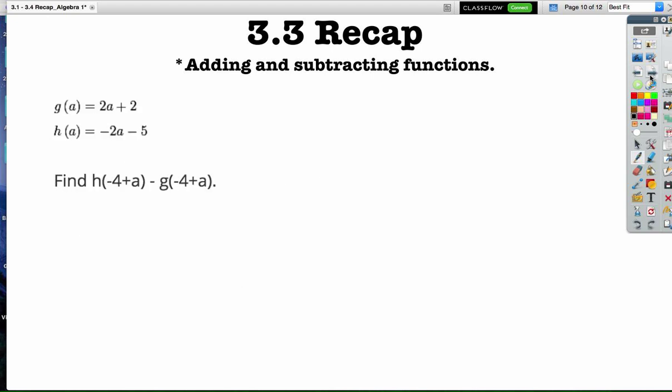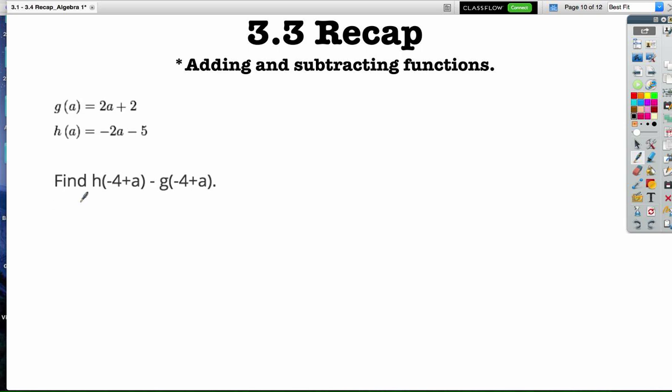The very last kind of example that we did on 3.3 was if they gave us expressions to substitute instead of just a number or the function itself. So they're giving us g of a, h of a, and asking us to find h of -4 plus a minus g of -4 plus a.